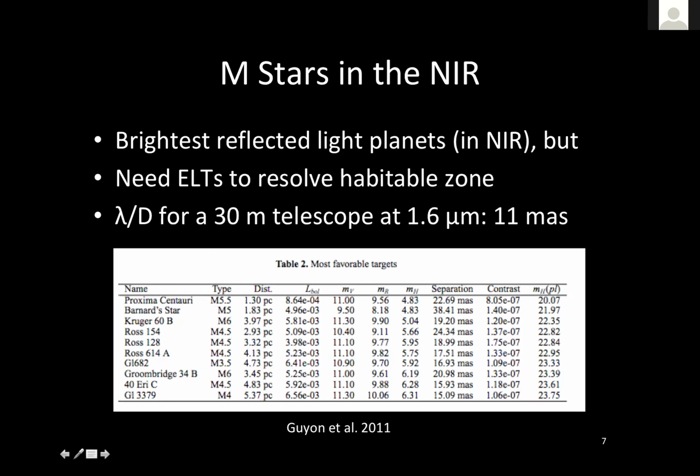And these habitable zones, here's the 10 best candidates of nearby M stars, are at a separation of close to that limit, 1 to 2 λ/D. So this is really reaching the limits of even the largest 30-meter class telescopes.